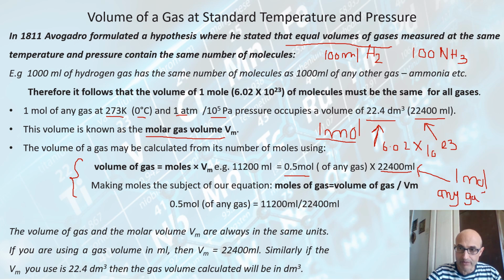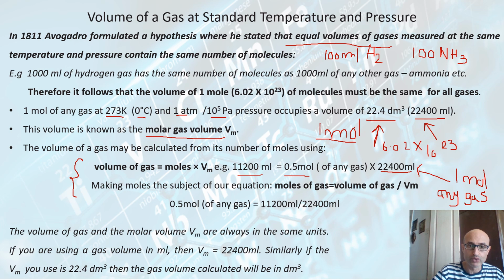Therefore, if for example I wanted to measure the volume of half a mole of gas, it can be any gas, hydrogen, ammonia, hydrogen chloride, fluorine, any gas you like, it will be half as much as 22,400 mils. In other words, my answer would be 11,200 mils.